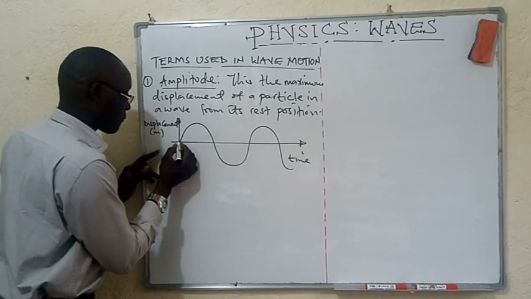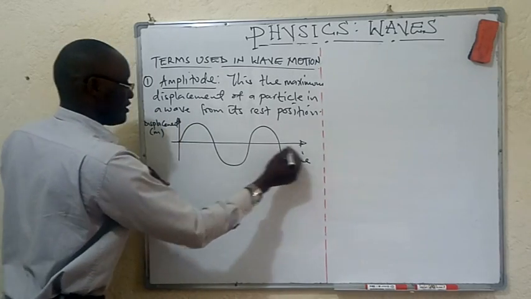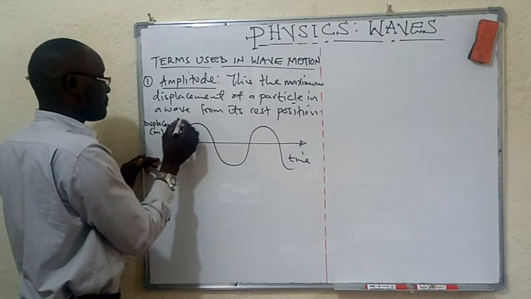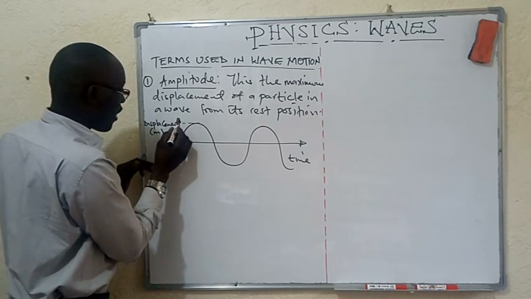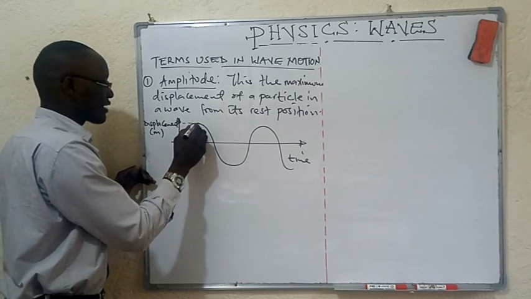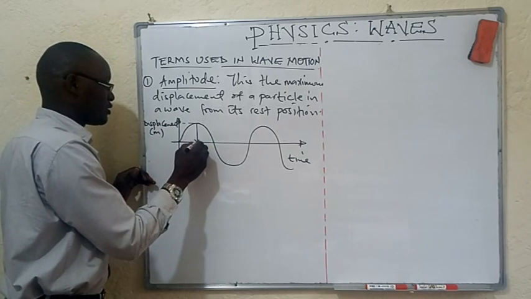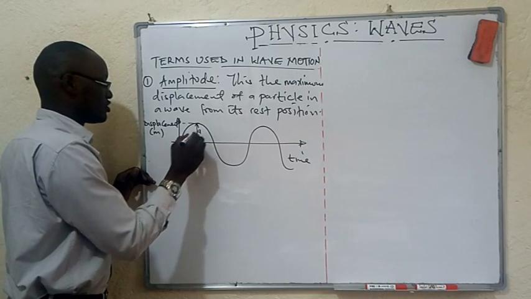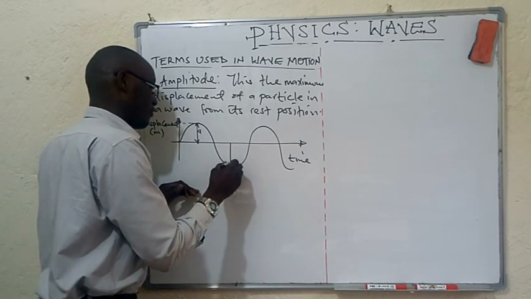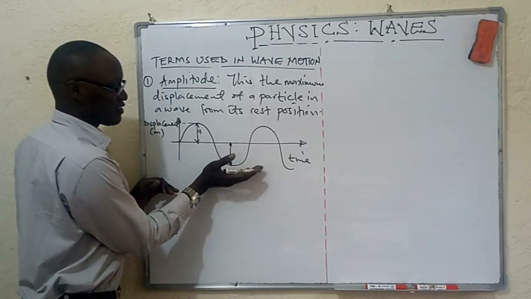A particle at this position is resting. So if a particle is displaced maximally, we measure this displacement from the vertical axis. So this is what we call the amplitude, A.